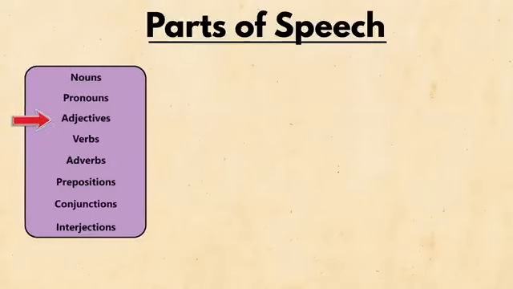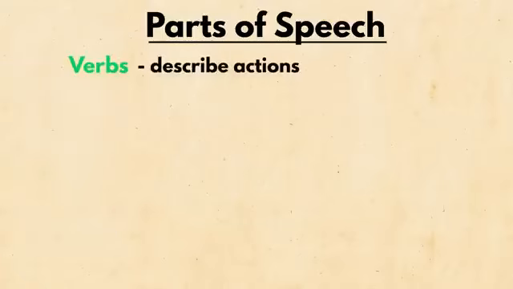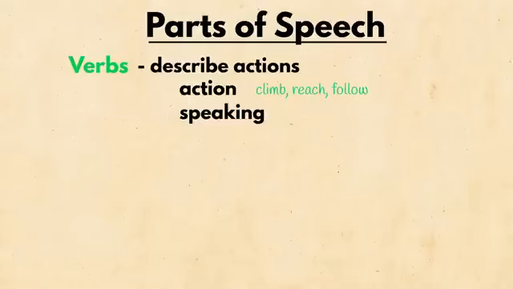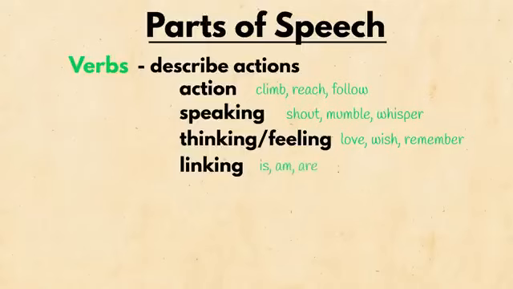Now let's move on to verbs. Verbs describe actions and can be generally categorized into one of the following groups: action verbs such as climb, reach, and follow; speaking verbs like shout, mumble, and whisper; thinking or feeling verbs like love, wish, and remember; and linking verbs, also known as relating verbs, such as is, am, and are.